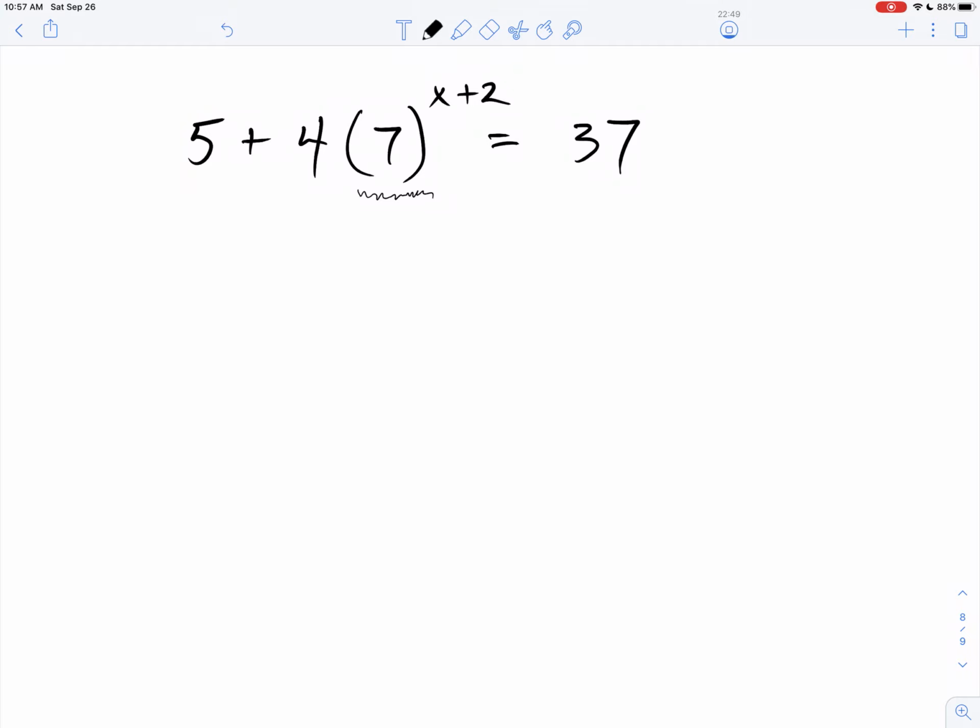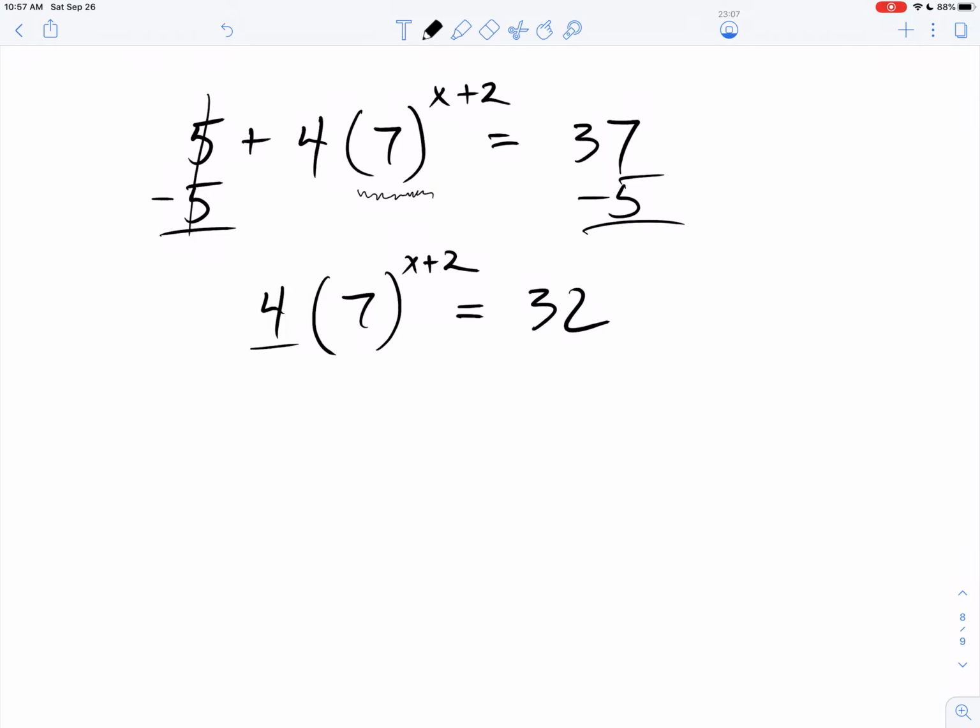All right. I'm assuming you paused it, you tried it, or you just let the thing play. I don't know. But I'm going to start here and get that 5 out of my way. And I have 4 times 7 to the power of x plus 2. What's it equal? It equals 32. I'm going to divide both sides by 4.